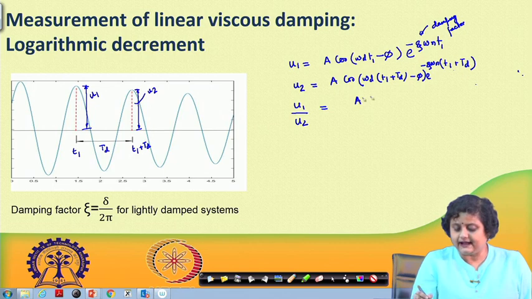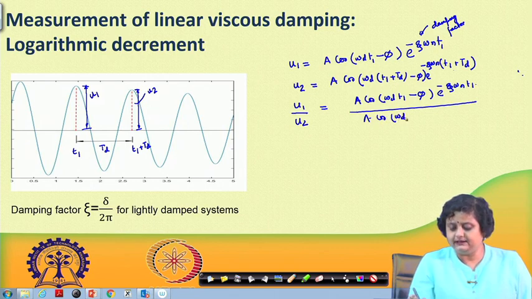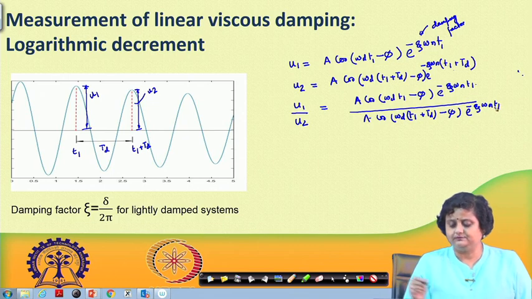So, in that case it is going to be A cos(omega d t1 minus phi) into e to the power minus zeta omega n t1, divided by A cos(omega d (t1 plus Td) minus phi) into e to the power minus zeta omega n (t1 plus Td).